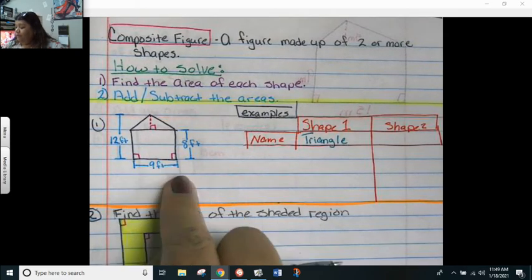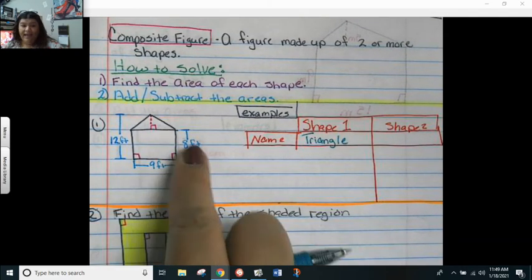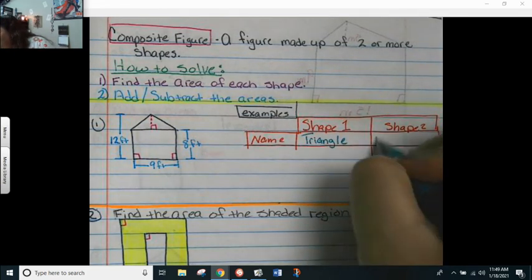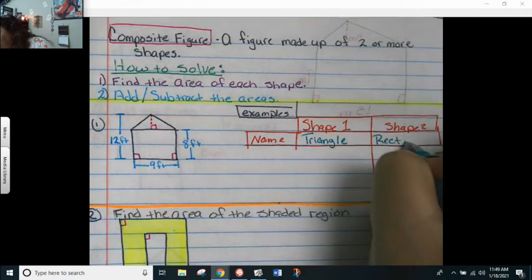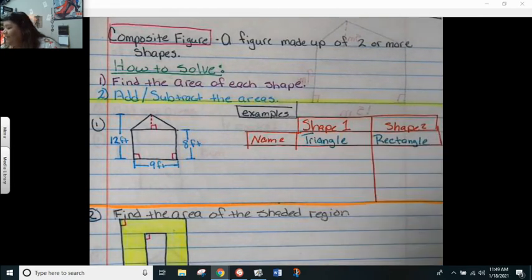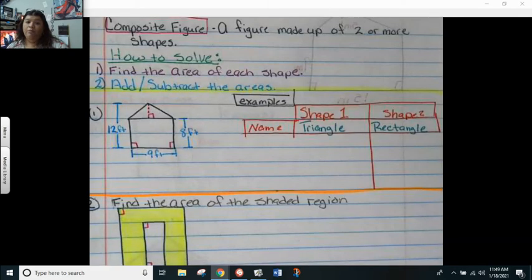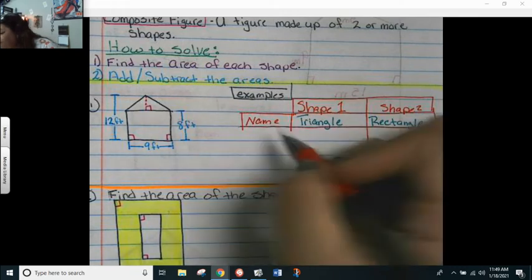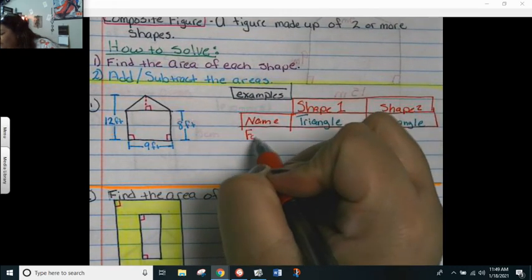And then over here, it's a 9 by 8, so I know it's not a square. So I'm going to put rectangle, but if you put parallelogram, that's fine. I know this is a rectangle. That's just so I know exactly which two shapes I'm dealing with, but more importantly, which two formulas I'm dealing with, okay?